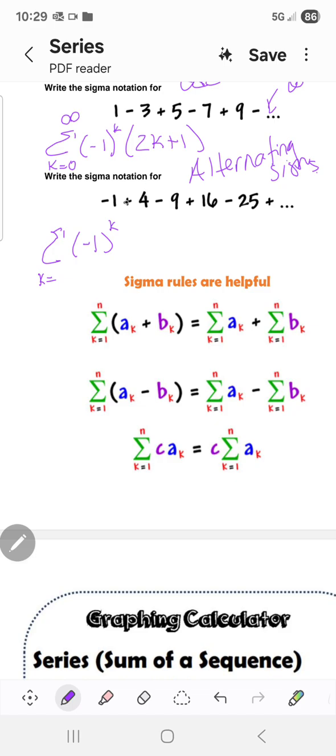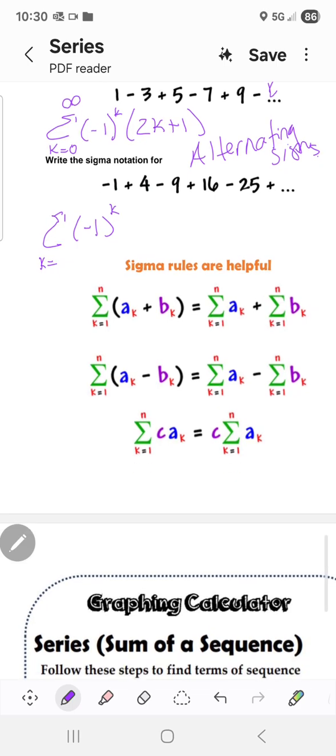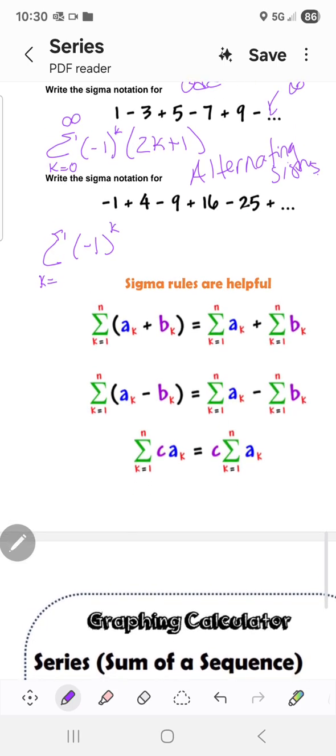Next, let's take a look at the terms, the numbers. I've got a 1, a 4, a 9, a 16, a 25. These are all squared. This is 1 squared, 2 squared, 3 squared, 4 squared, 5 squared. So 1 squared here gets me this one.